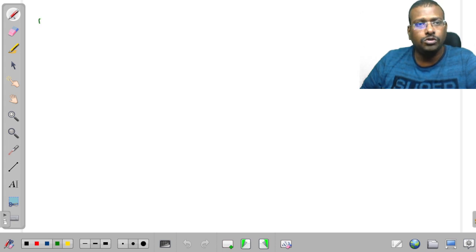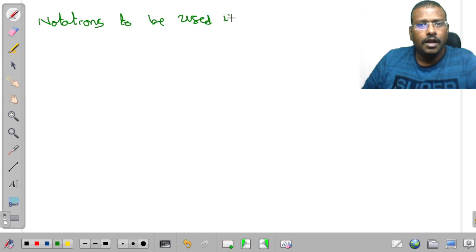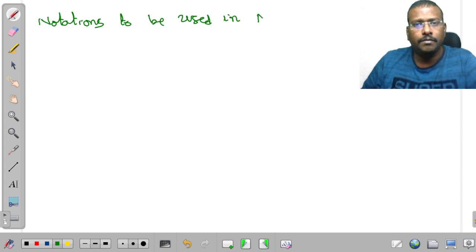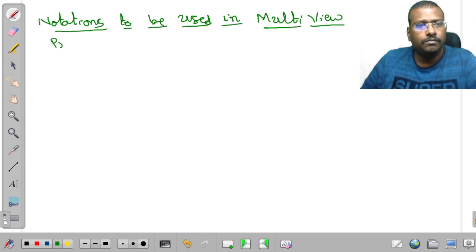Notations to be used in multi-view projection.